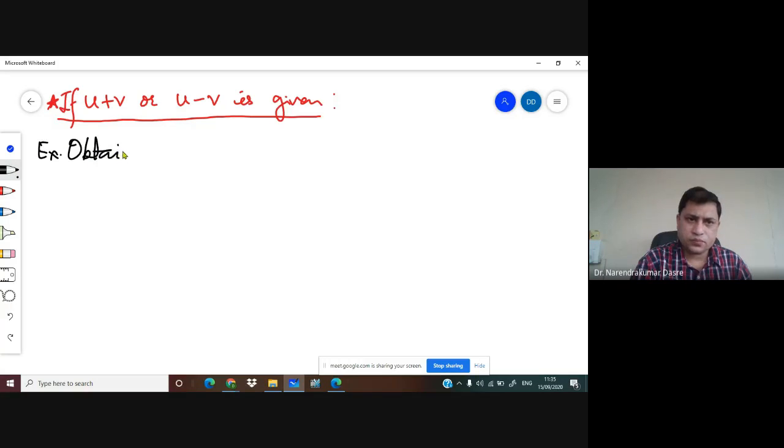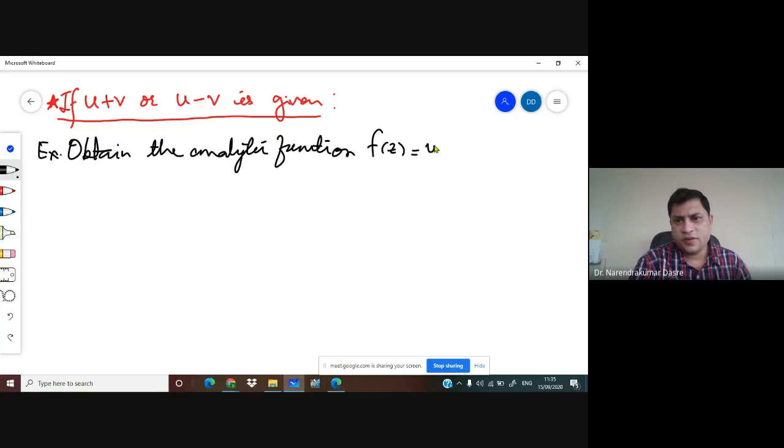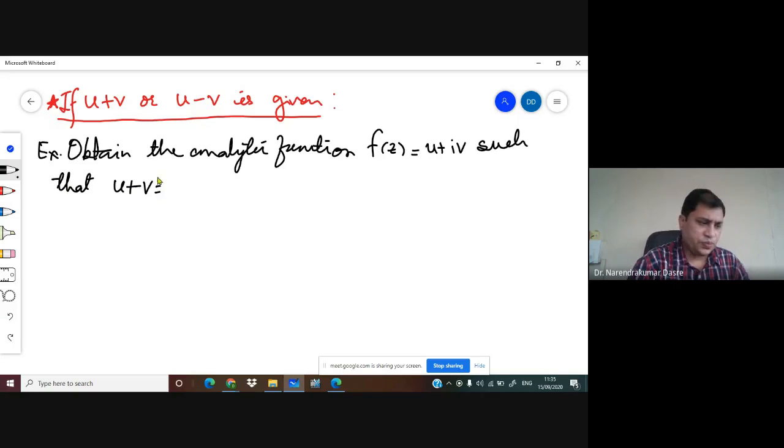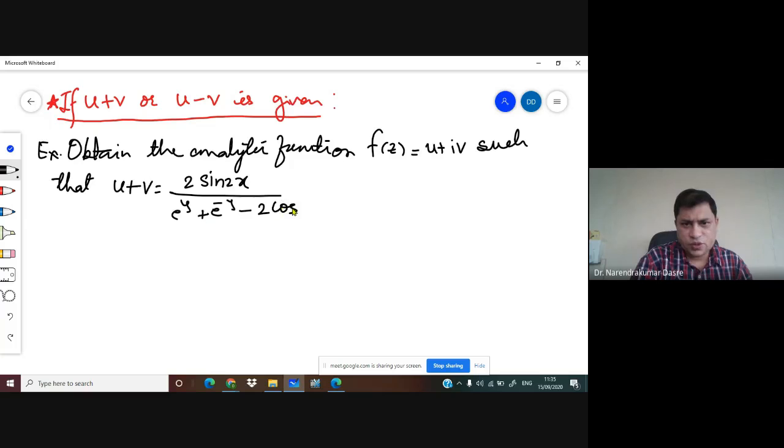Obtain the analytic function f of z is equal to u plus iv such that u plus v is equal to 2 sine 2x upon e raised to y plus e raised to minus y minus 2 cos of 2x.